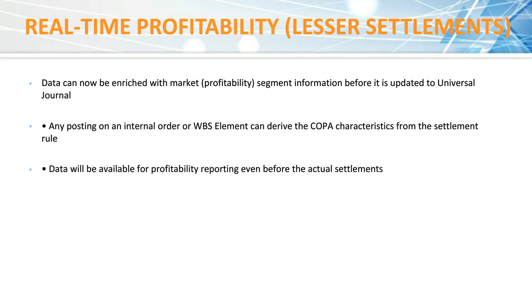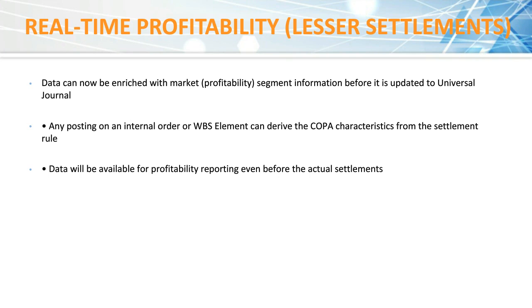is that, for example, if you are making a posting into an internal order and the internal order has a settlement rule to the profitability segment, then when you make the posting to the internal order, the system would derive all the COPA characteristics from the settlement rule itself.